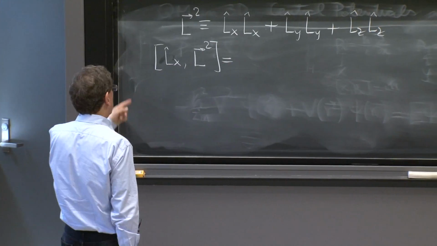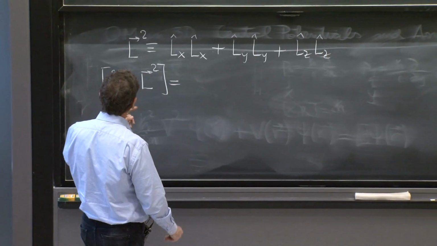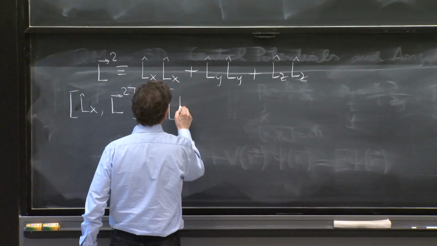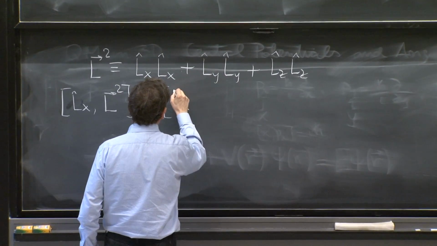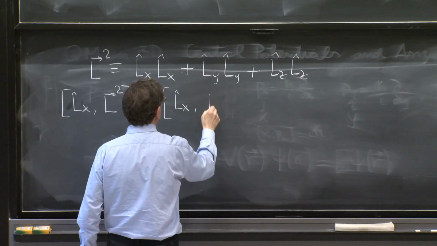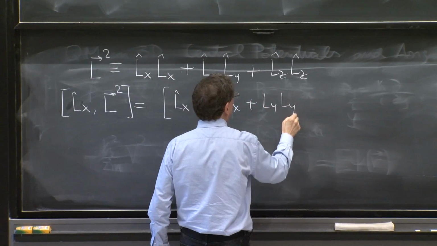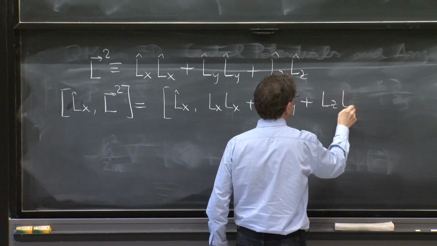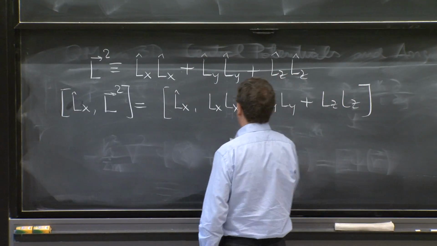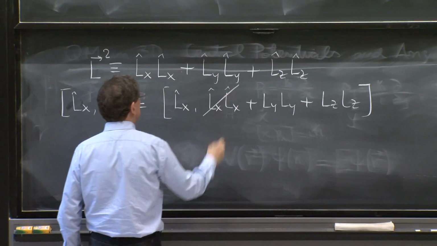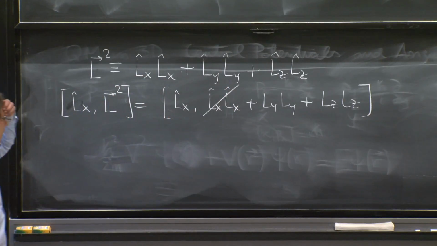So L squared is starting to come back. So let's see here. This is Lx, and now I'll write the whole thing: Lx Lx plus Ly Ly plus Lz Lz. Now, Lx and Lx commute, so I don't have to bother with this term. That's 0. But the other ones don't commute.